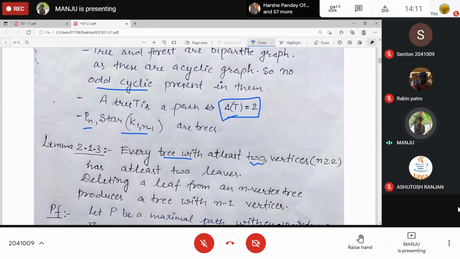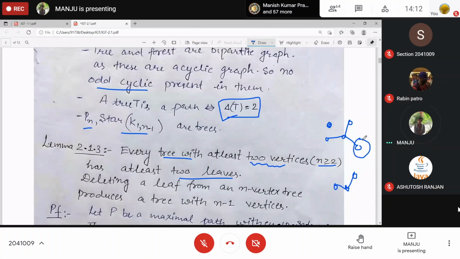Non-trivial means having at least 2 vertices. A tree with 2 vertices has at least 2 leaves. If you delete one leaf, suppose for n equal to 4 this is the tree, you get again a tree of order n minus 1.